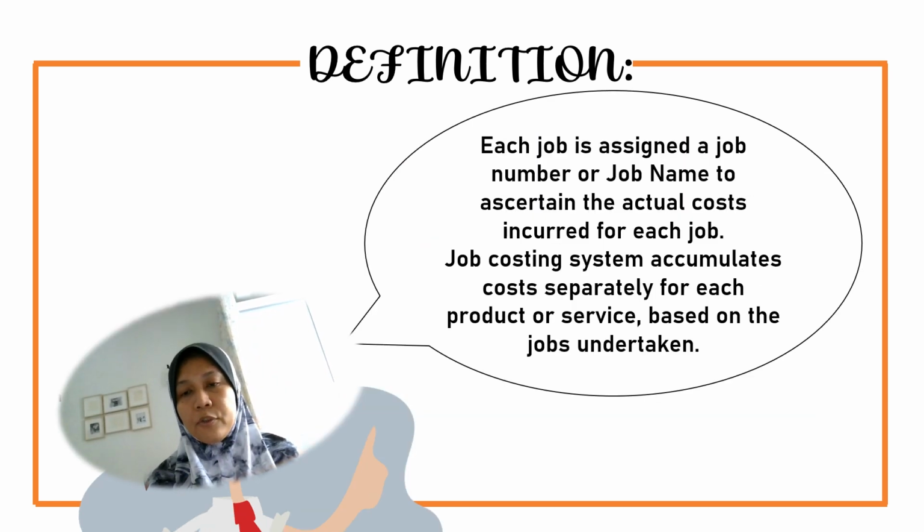Furthermore, for job costing, each job is assigned a job number or a job name to ascertain the actual cost incurred for each job. Job costing system accumulates costs separately for each product or service produced or served based on the jobs undertaken.